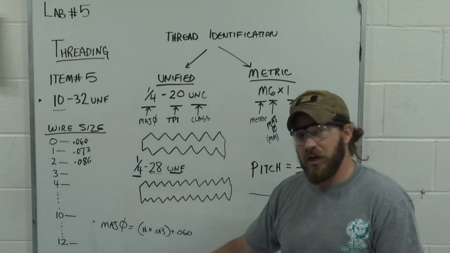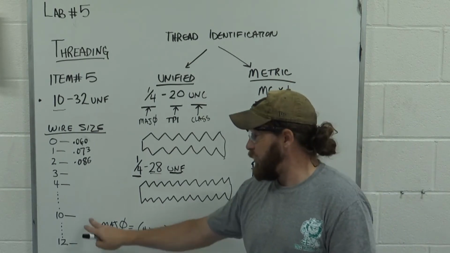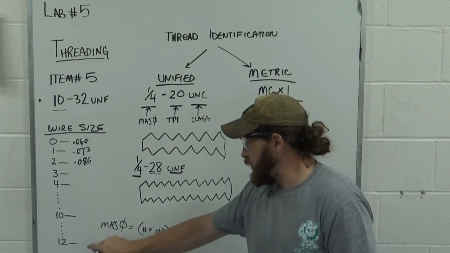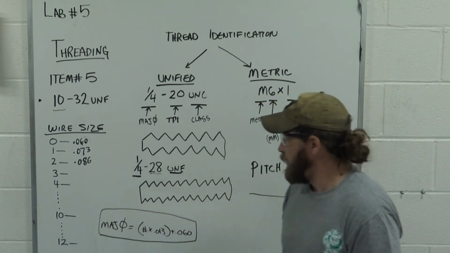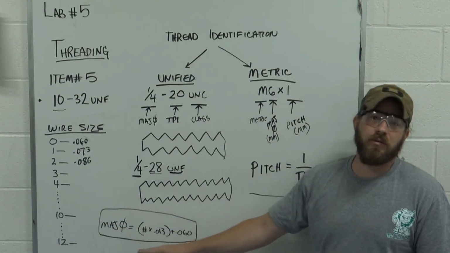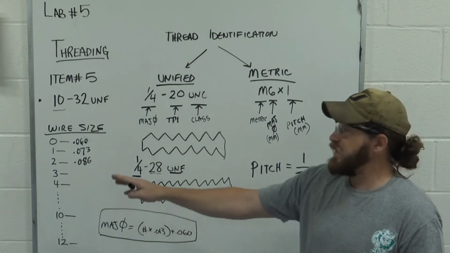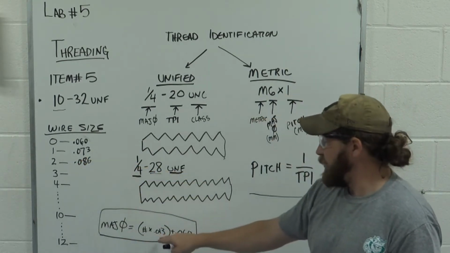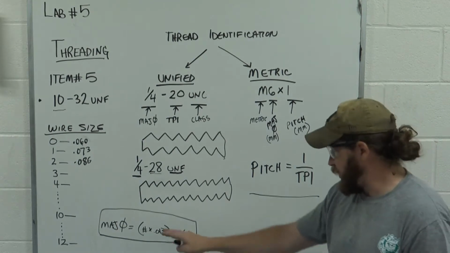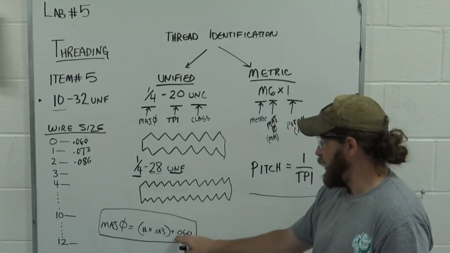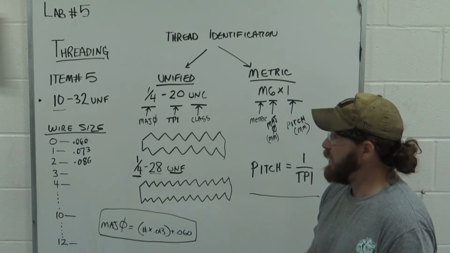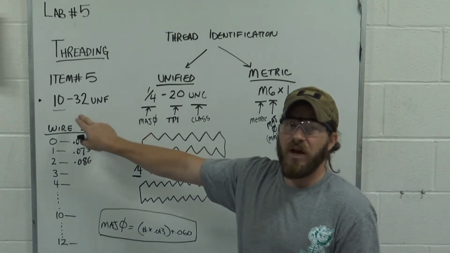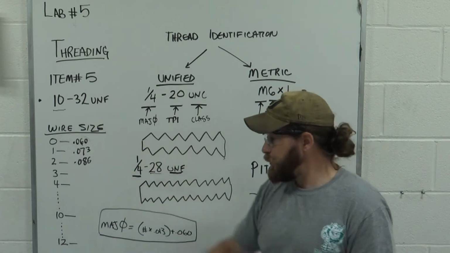So here's a little equation that can help you figure out the major diameter. The major diameter is just equal to the number size times 0.013, plus 60 thousandths. So we've got this 10-32.